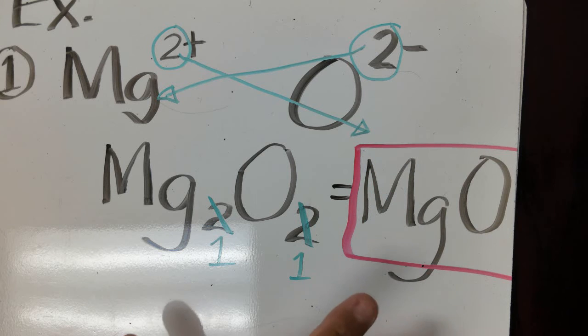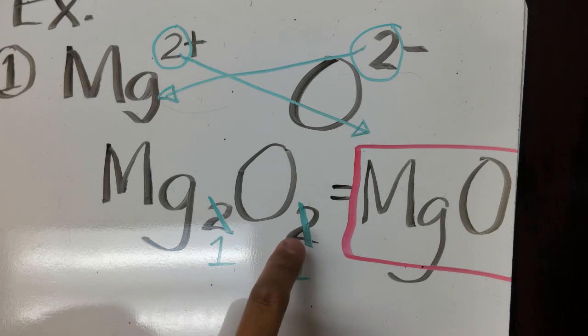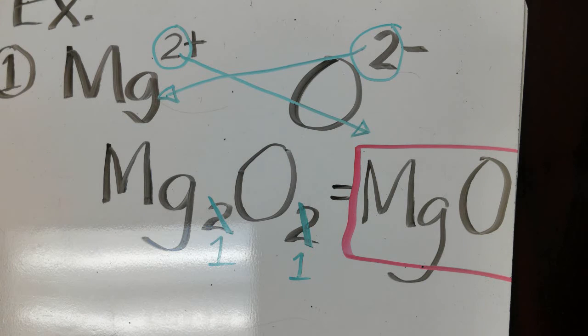So when you write this down on your notebook as an example, take note, put a reminder to yourself that if the numerical values of the ones you're crisscrossing are the same, you have to reduce it to 1. And that is one of the rules in crisscrossing, writing chemical formulas of ionic compounds.